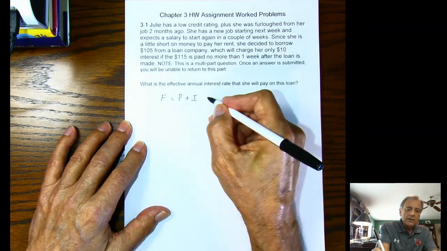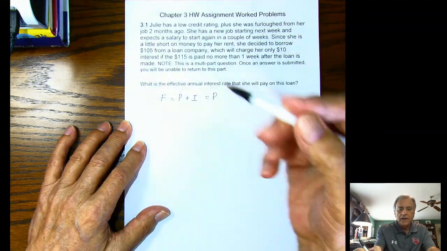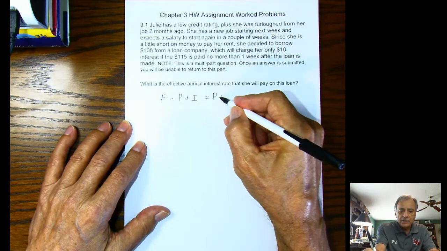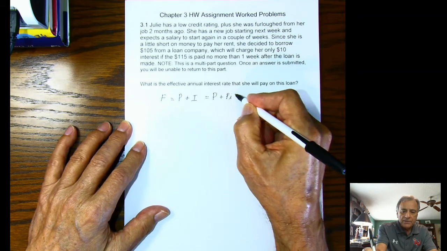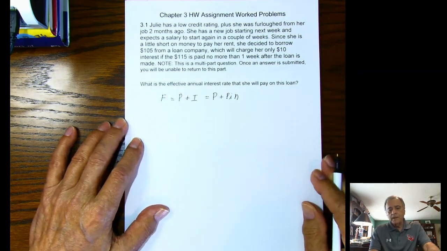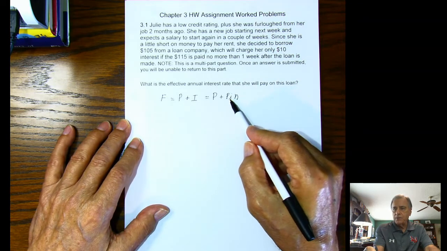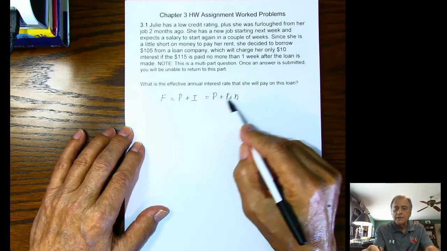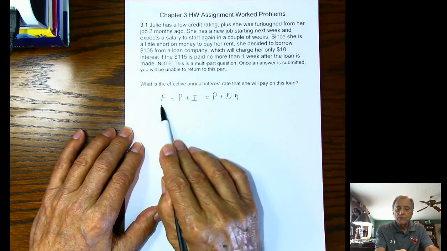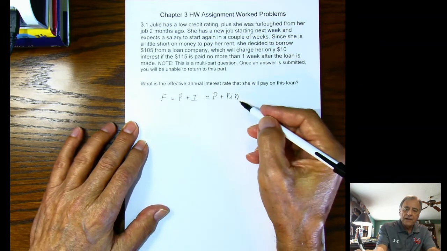Okay, so this will be the present principal sum of $105 plus P times I times N. And N is going to be 1 week, so I must be the weekly interest rate. And we know P is 105, and we also know F is 115. So let's plug those values in.